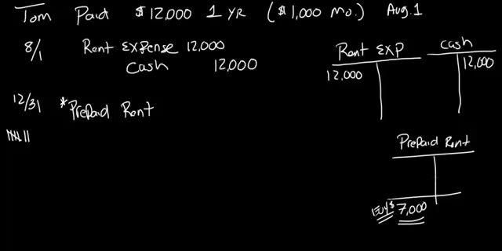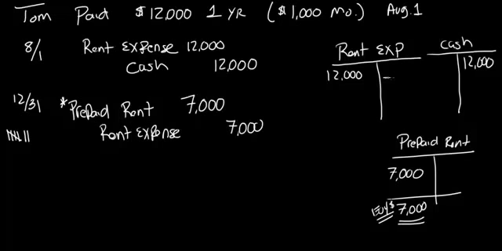So how are we going to get this account so it has an end of year balance of $7,000? We're going to debit prepaid rent for $7,000, and we're going to credit rent expense for $7,000. So the net balance in the rent expense account then is $5,000 at the end of the year.